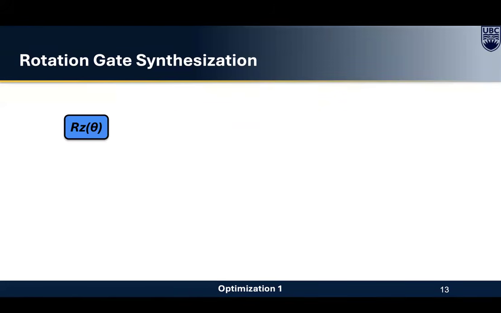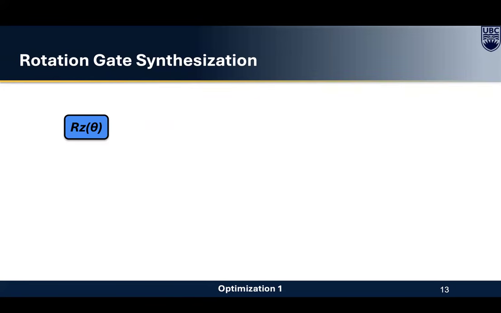The reason is that the single-qubit rotation gates we're generally talking about are RZ, RX, or RY, and they can be interchanged with some additional Clifford gates. So here we just take RZ gates as an example.